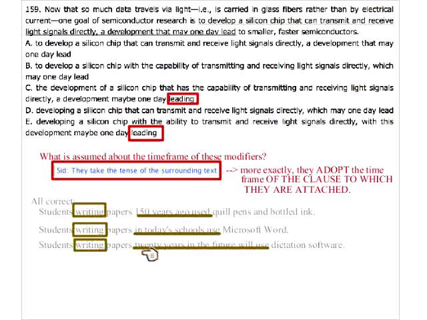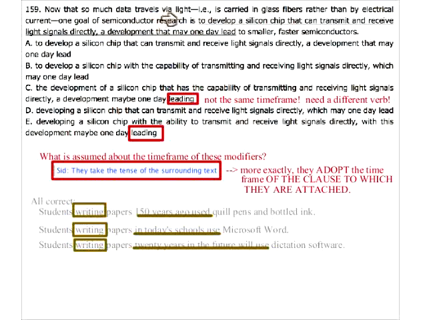Okay, so the problem though is that this is not the same time frame. You need a different verb. Because even though it says one day, you can't use leading with ing here, because the implication of leading is that it's happening right now. The rest of this is in the present.